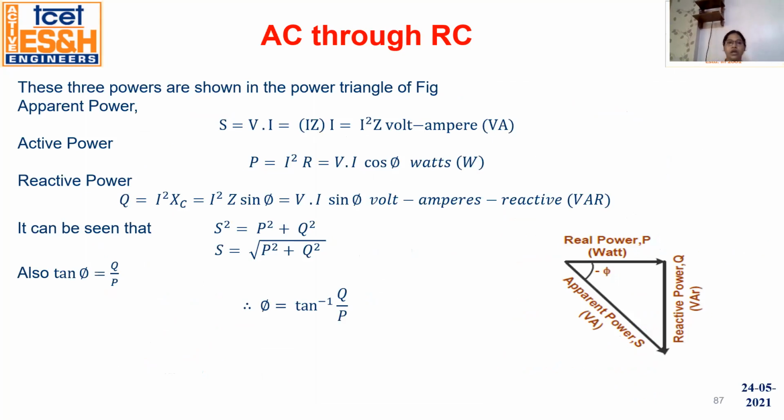The apparent power unit is volt ampere, active power unit is watt, and reactive power unit is VAR. And the formula for phi is tan inverse of Q upon P, that is, reactive power by active power.